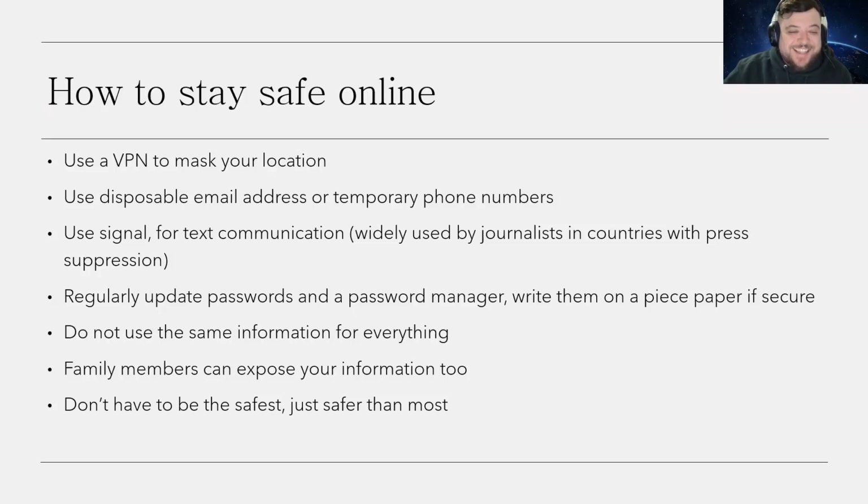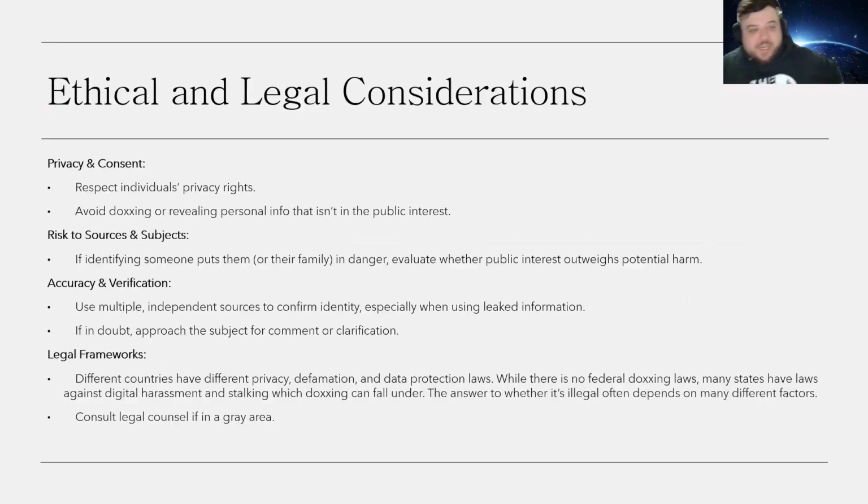Yeah, exactly. So, talking about the ethical and legal considerations in regards to journalism, right? Thinking back to the Mark Robinson story, that whole situation ruined his entire campaign, right?